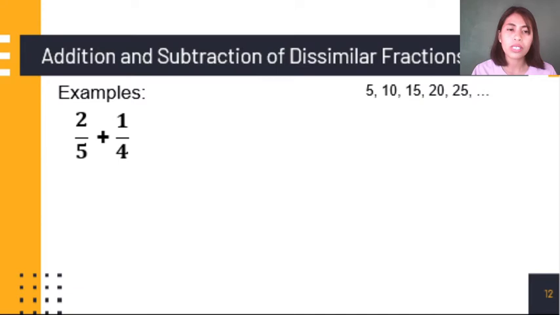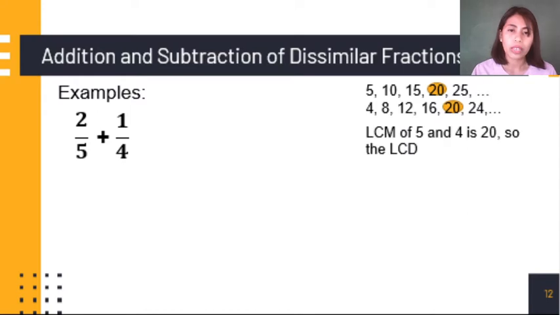For the multiples of 4, we have 4, 8, 12, 16, 20, 24, and so on. Now, the least common multiple of 5 and 4 is 20. So, the LCD.